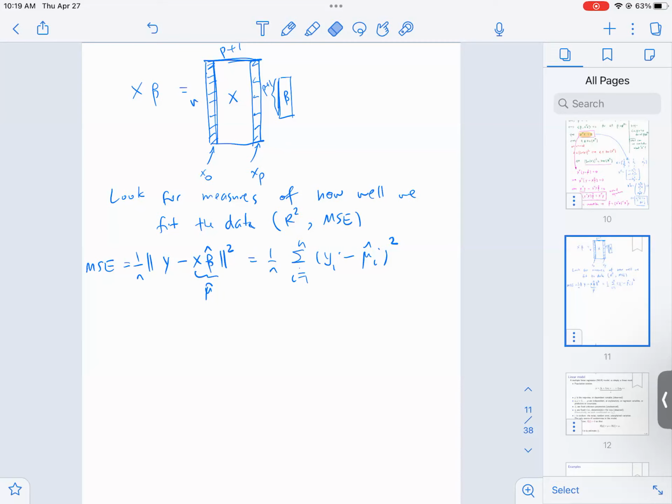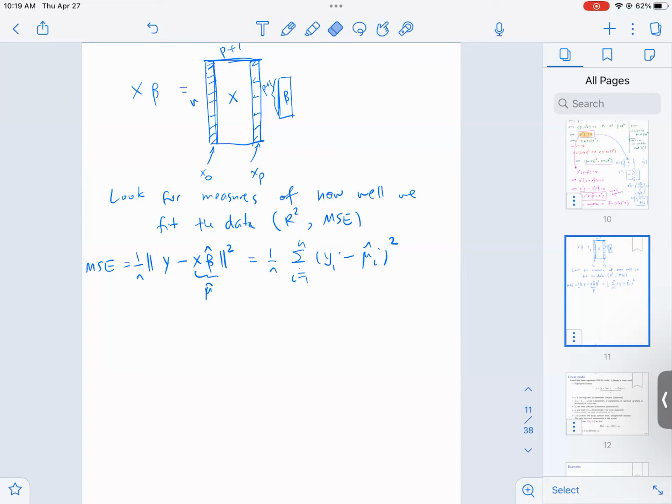What else do we need? What else do statisticians care about? You mentioned something about the variance. That's a tricky problem.